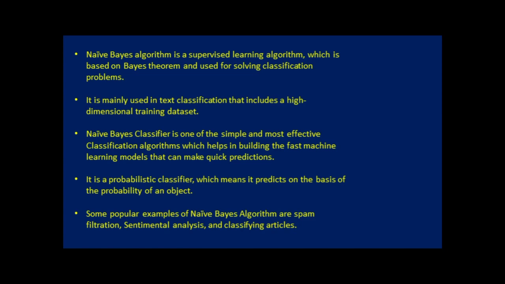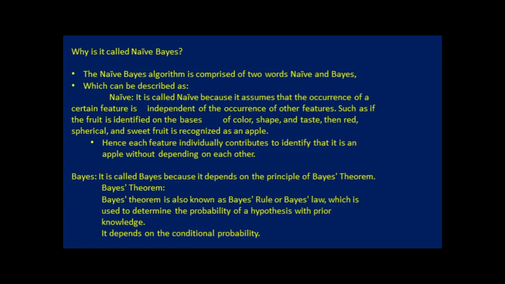It is a probabilistic classifier, which means it predicts on the basis of probability of the object. Some popular examples of the Naïve Bayes algorithm are spam filtration, sentimental analysis, and classifying the articles.